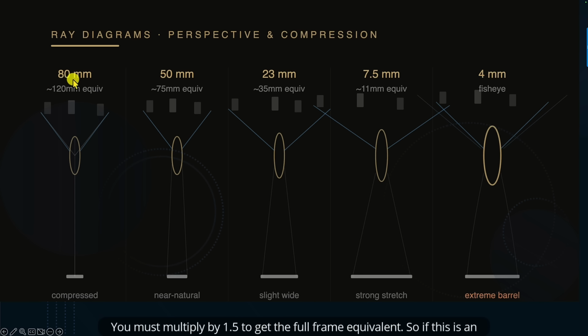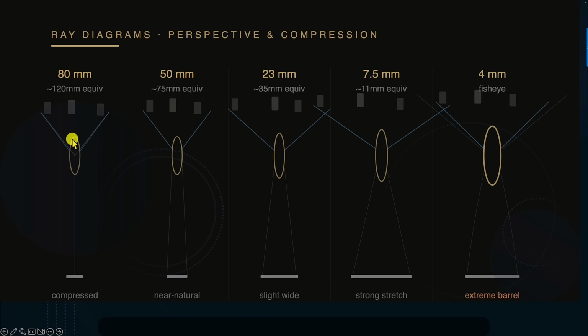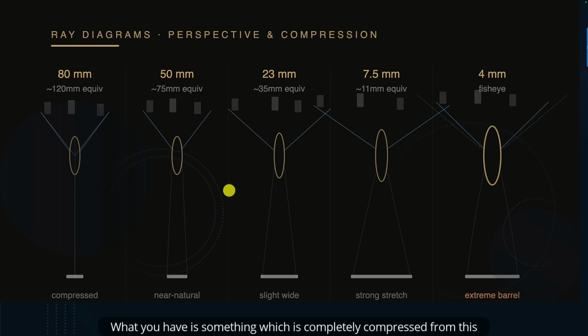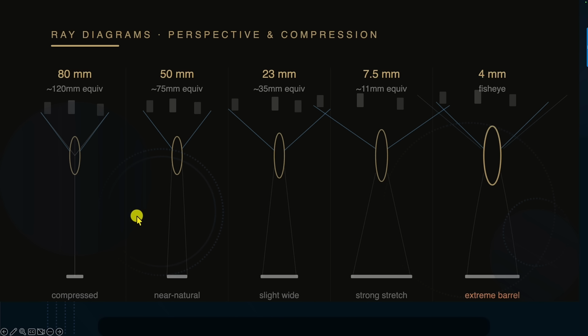So if this is an 80mm, this is your camera, this is the kind of field of vision that you have. What you have is something which is completely compressed from this particular perspective. This is you looking into the scene.